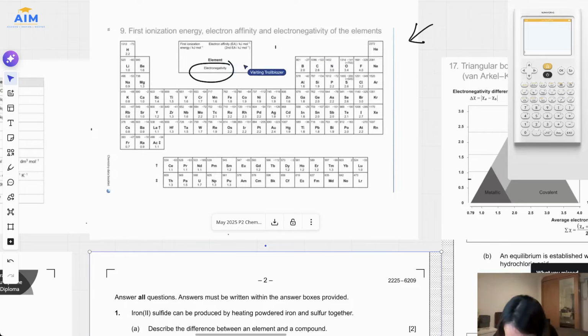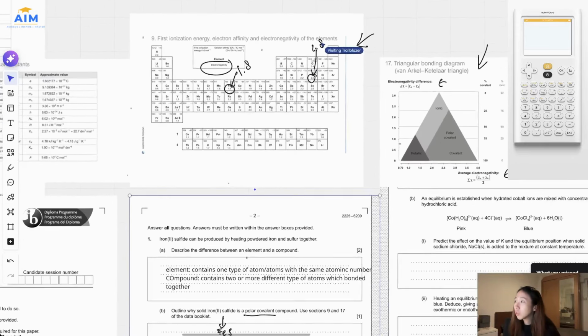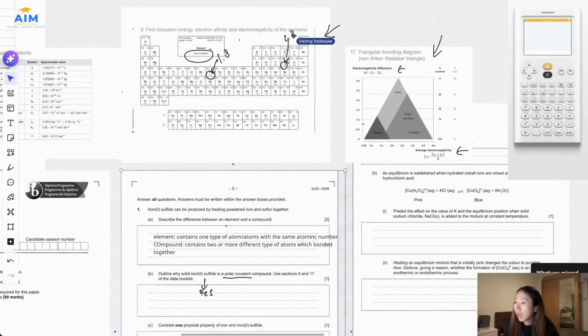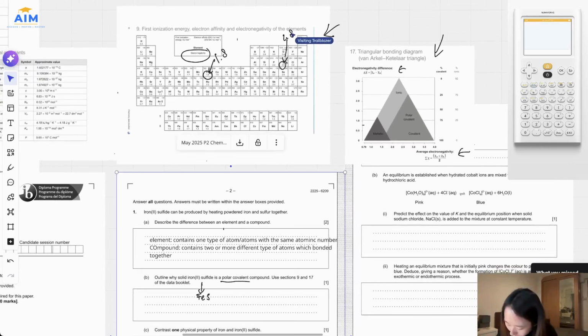Let's say the iron here has an electronegativity of 1.8. How about sulfur? The sulfur has 2.8. Okay, now we just need to move back to the electronegativity difference in the diagram.